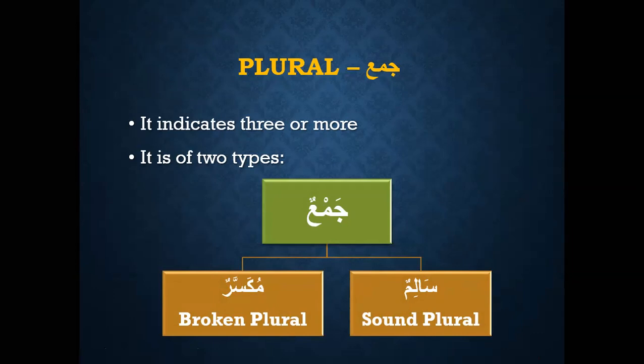Mukassar is broken: the structure gets broken by adding a letter, deleting something, or changing a vowel mark, fatha, dhamma, kasra. If you keep the structure intact and just add something at the end, this is sound plural. If you break anything, it is broken plural.